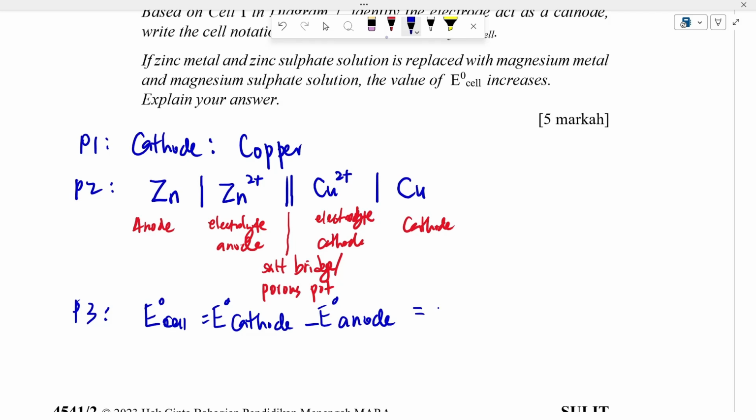What is the value? Positive 0.34 minus negative 0.76. Okay, so use your calculator, you get positive 1.10 volt.